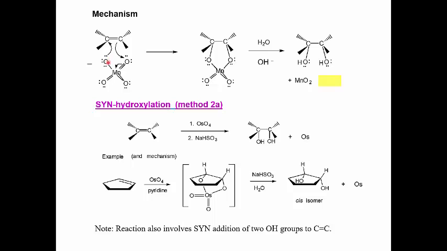That is, this other oxygen is going to behave as a nucleophile. So one oxygen behaves as an electrophile, the other oxygen behaves as a nucleophile. Both oxygens attach essentially in the same time frame. Not exactly at the same time, but very close to it.